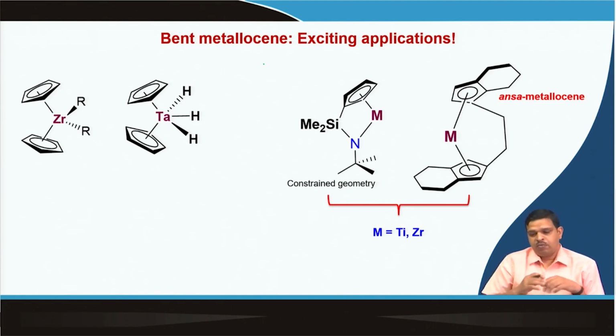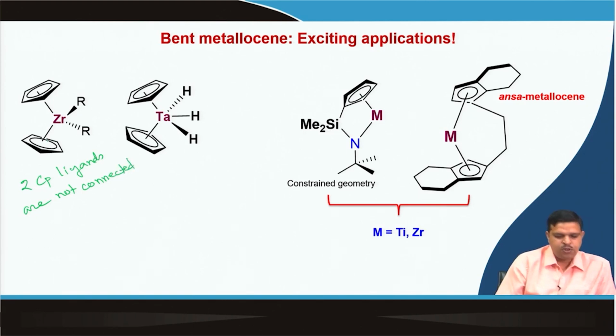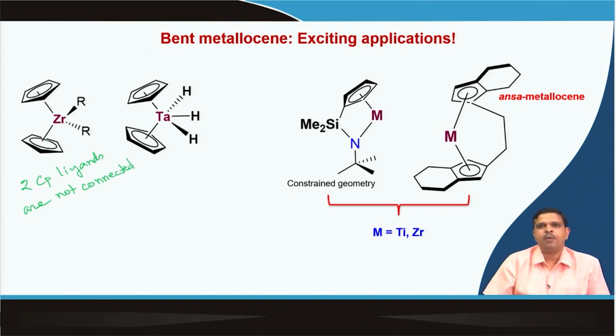These are important because you will see here that these are free Cp ligands, two Cp ligands that are not connected. Now, if these two Cp ligands are not connected, then what will happen?